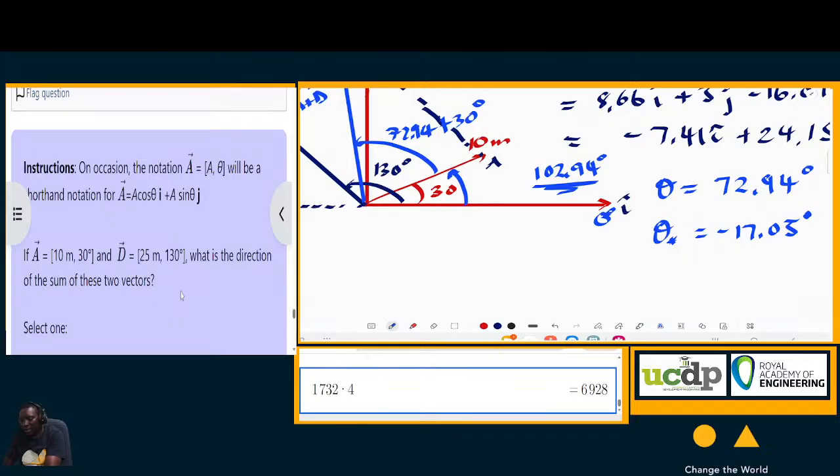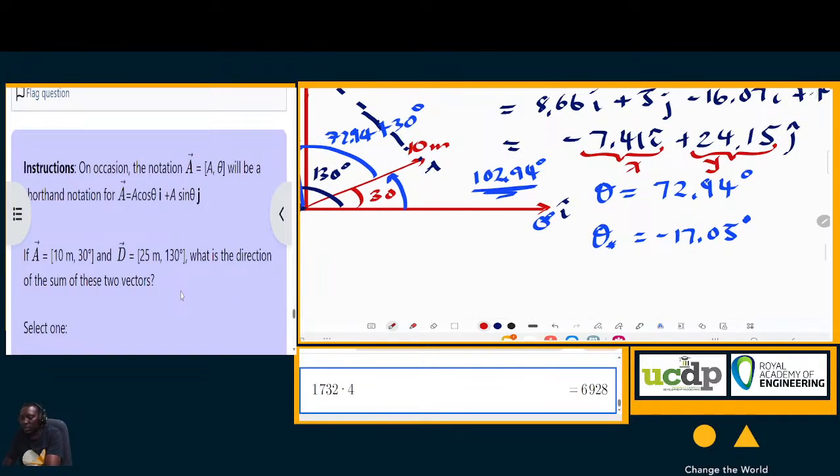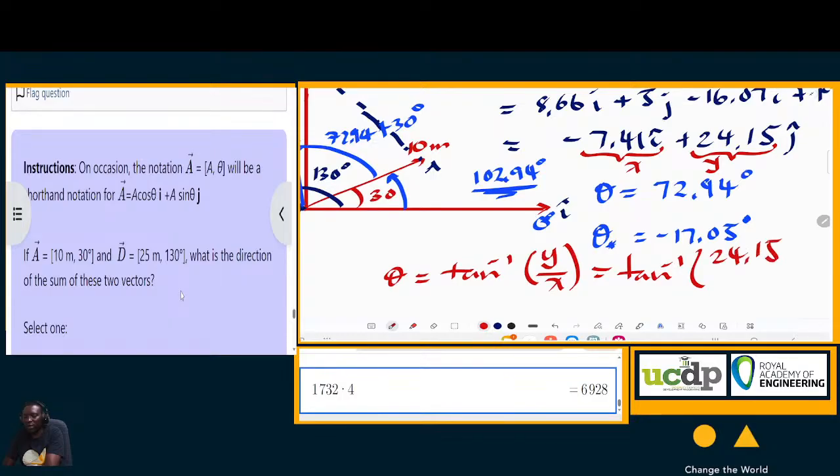And the y will be 24.15. So for theta, I said arctan of y over x, which is arctan 24.15 over negative 7.41.